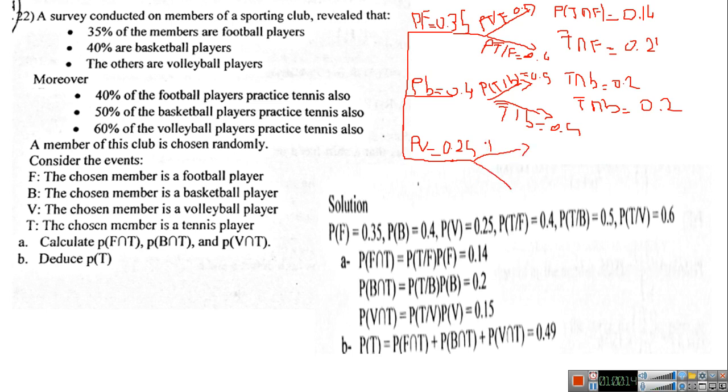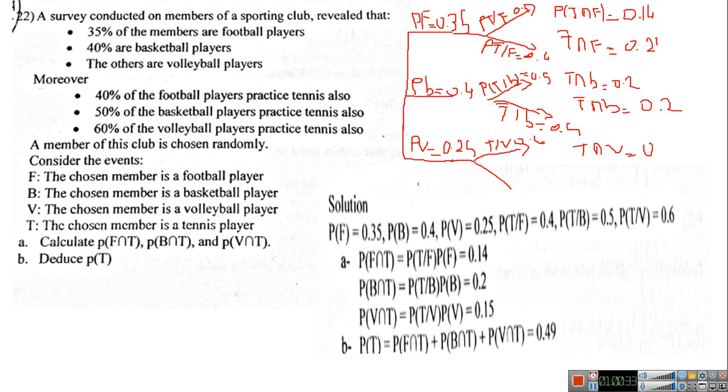And the last one, 60% of the volleyball players practice tennis. Tennis knowing volley is 0.6. So tennis and volley will be 0.25 times 0.6, which is 0.15.